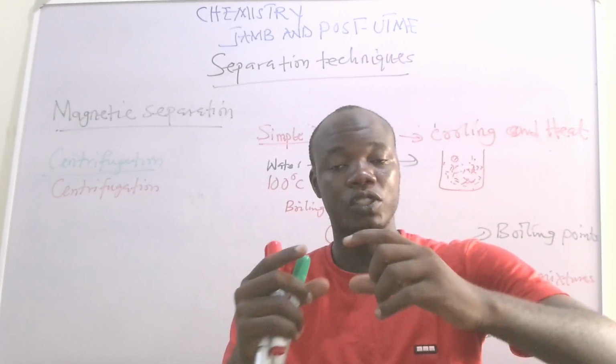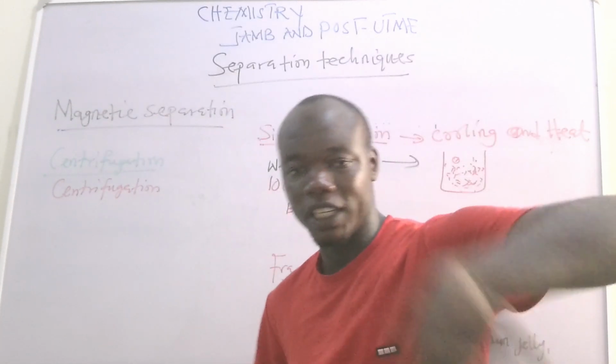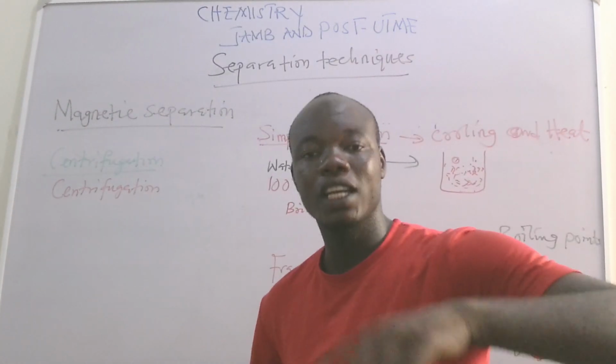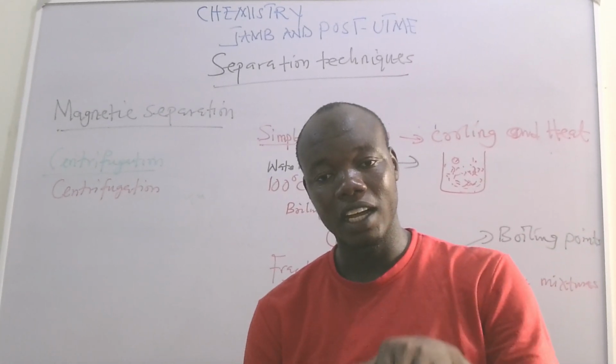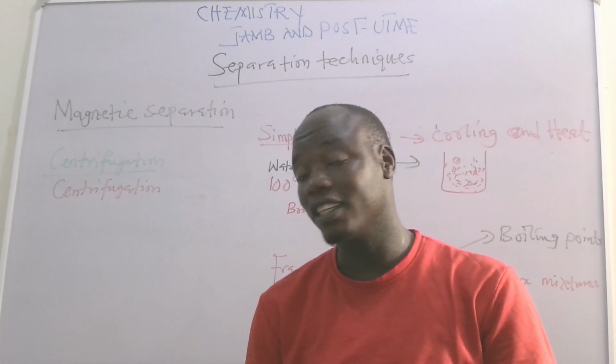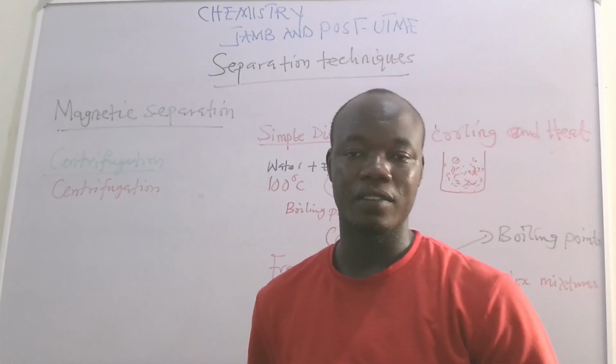We have what we call a centrifuge machine. It's a machine that usually rotates. As it rotates, many particles will settle down, and as they settle down, you can easily separate them.